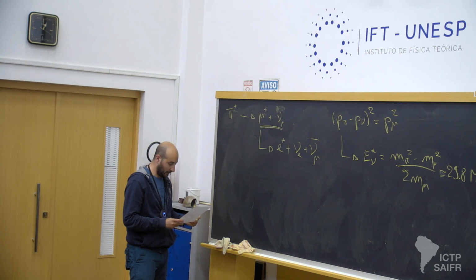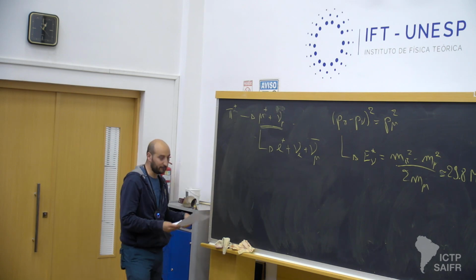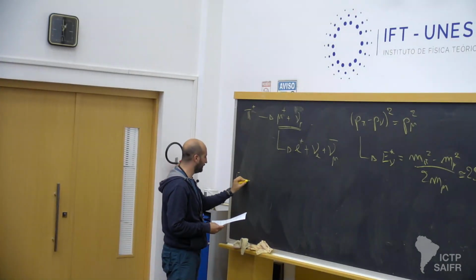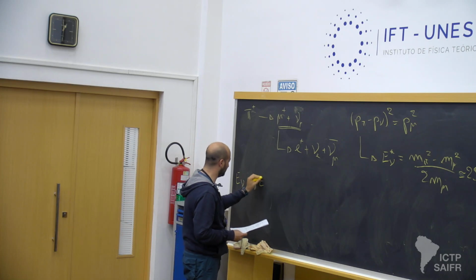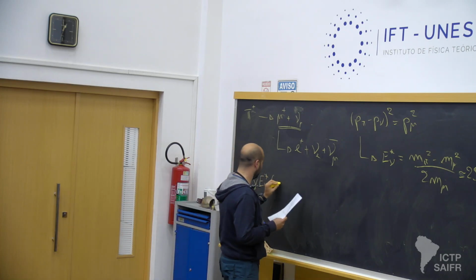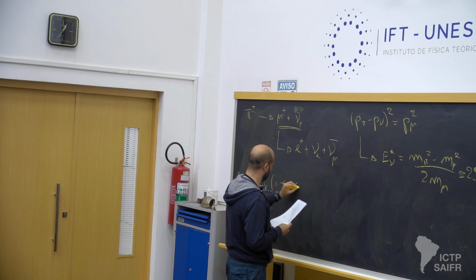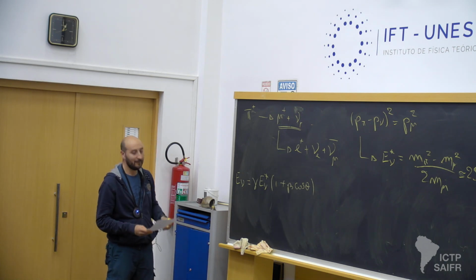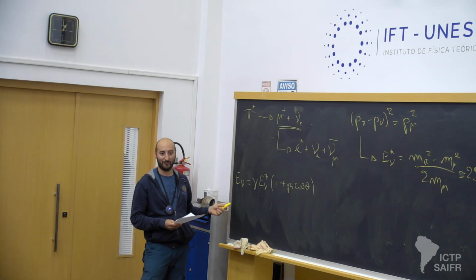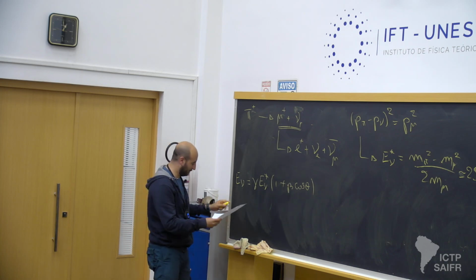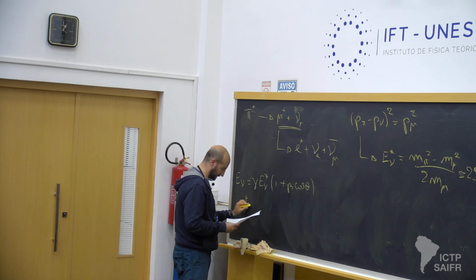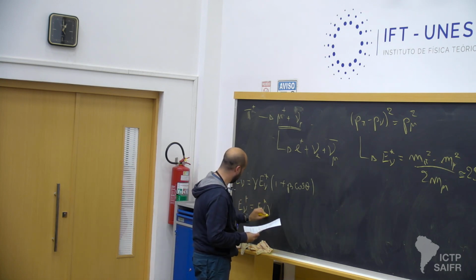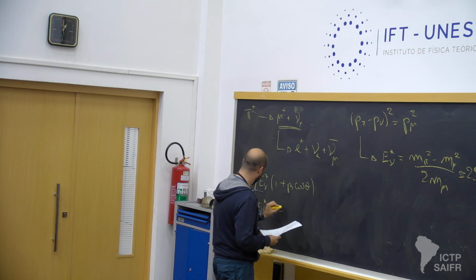Okay? Now, if the pion is moving at velocity beta, we have to compute the energy of the neutrino in our frame. This will be given by gamma times E nu star times 1 plus beta cosine theta. Again, we can compute the minimum and maximum value for this guy. In particular, E nu max is going to be E nu star times gamma times 1 plus beta.